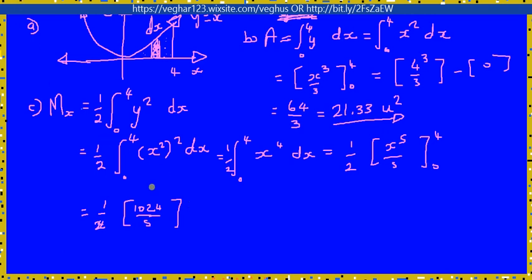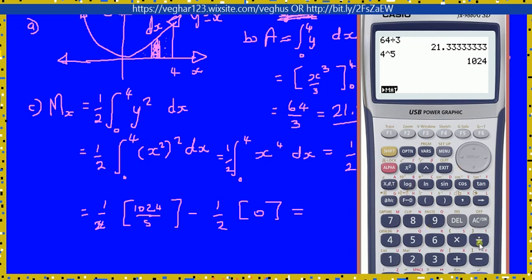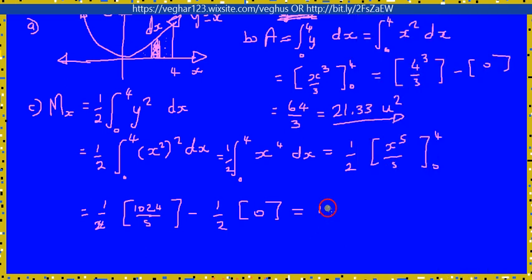Already substituted 4 raised to 5, and then when you substitute 0, it becomes 0 this side. Divided by 2 times 5, which is 10. So you just have 102.4 unit cube. So this is how you calculate the area moment.